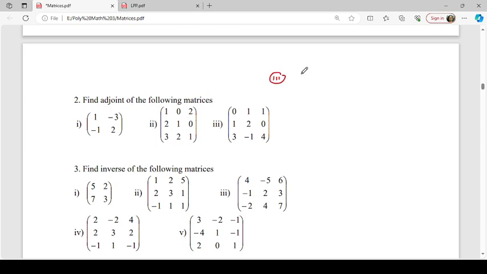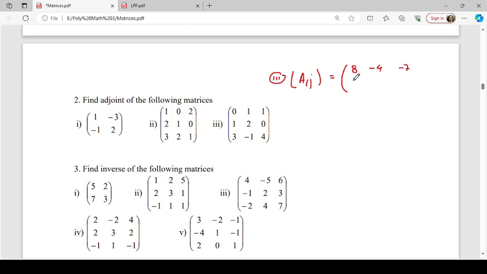So for adjoint of A, first we write Aij. For A11 it is 0, for 0 it is 8. For A12 it is 4, so it will be minus 4. For A13 it is minus 1, minus 6, so it is minus 7.